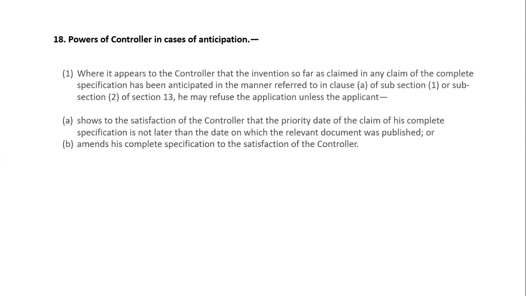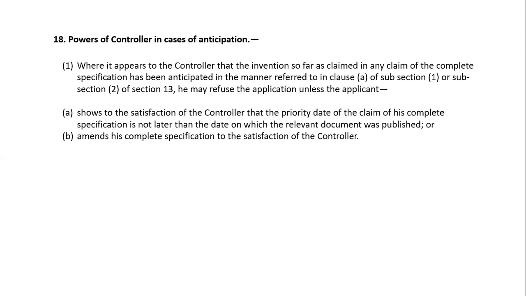Now section 18 talks about power of controller in case of anticipation. We have discussed anticipation in section 13. That shows that if the article or a complete specification is published before the priority date of your application, then how will you consider whether it is in anticipation or not?